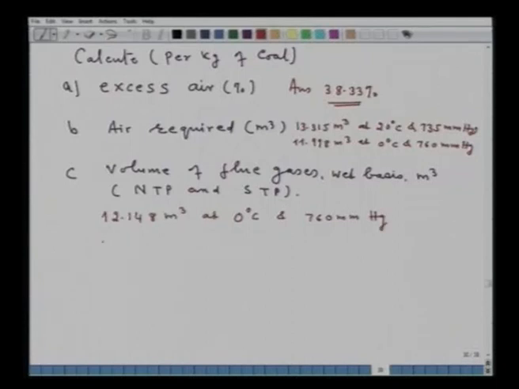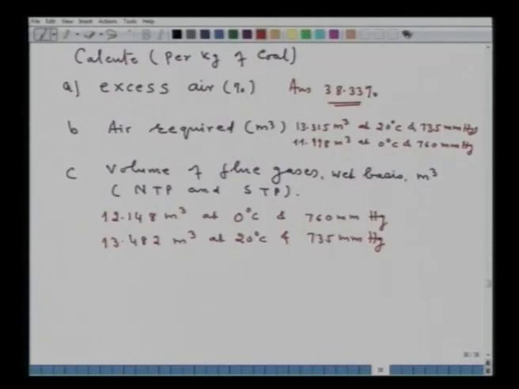This volume is also 13.482 meter cube at 20 degree C and 735 millimeter mercury. At all other temperatures and pressures, you can calculate this volume also. So this is the problem which I thought you will do yourself.